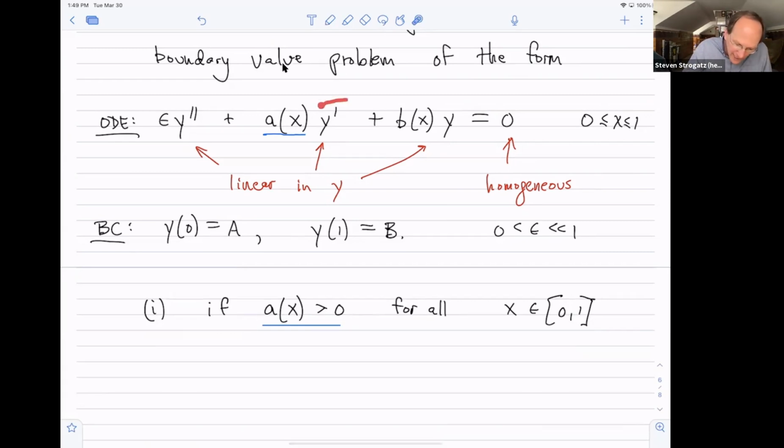If you think of this thing as a damping term, and this as a spring restoring force proportional to y, so y is a displacement of a mass on a spring, it's got mass epsilon, its acceleration is y double prime. It's got some damping that is dependent on time, would be sort of the interpretation. It's a bit weird.